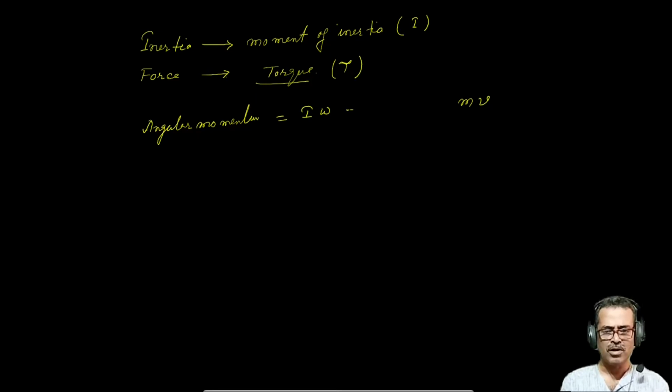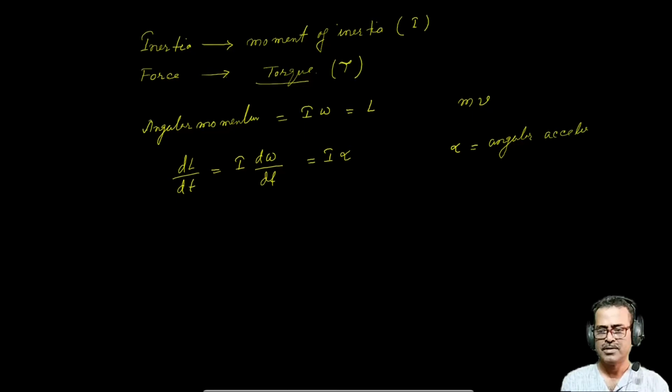This is called L. So dL dt, rate of change of momentum, is equal to I into d omega dt. The rate of change of angular speed is equal to angular acceleration alpha. Now, what is the relation between angular acceleration and linear acceleration?